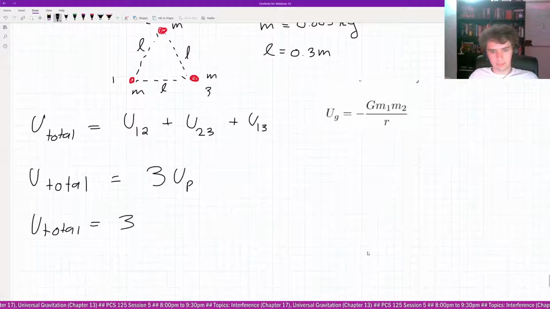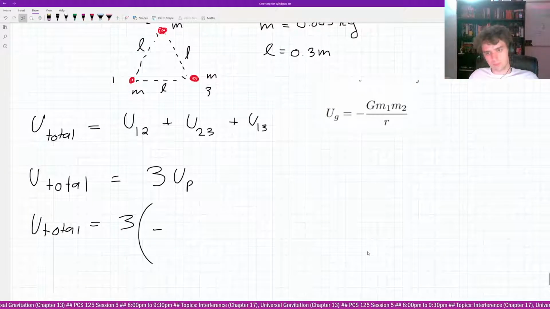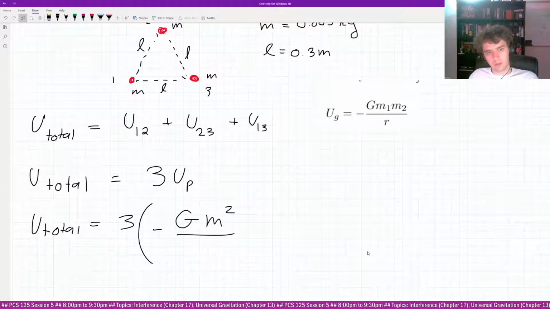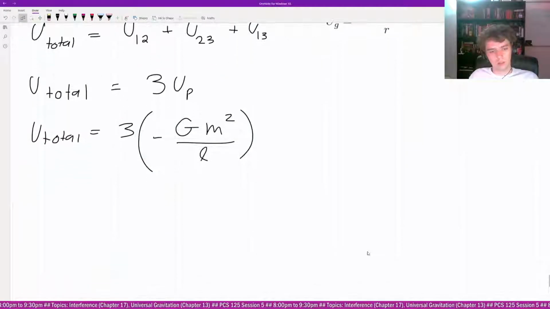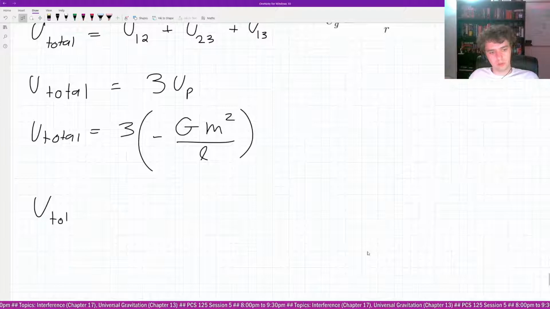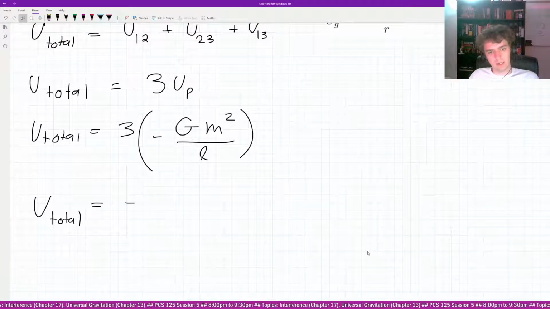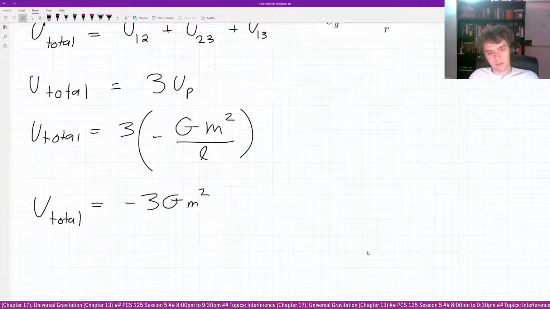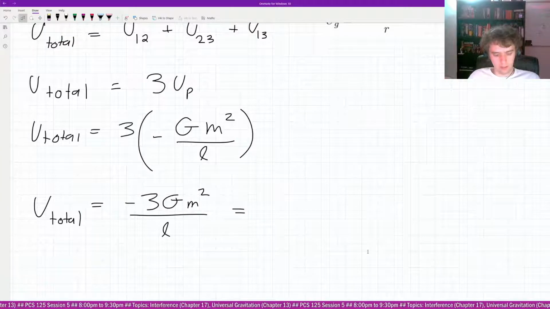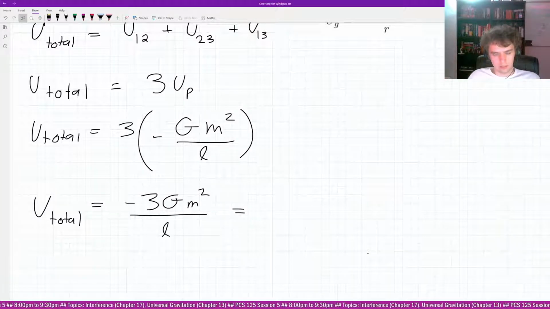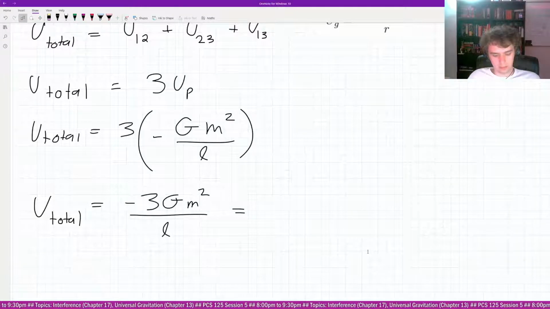So it's just going to be negative G M squared over, and now R is just L. So U total is negative 3 G M squared over L. And that is going to be negative 3 times 6.67 times 10 to the negative 11 times something squared.